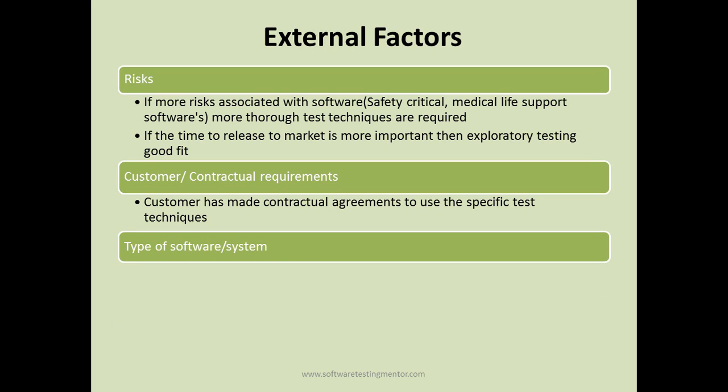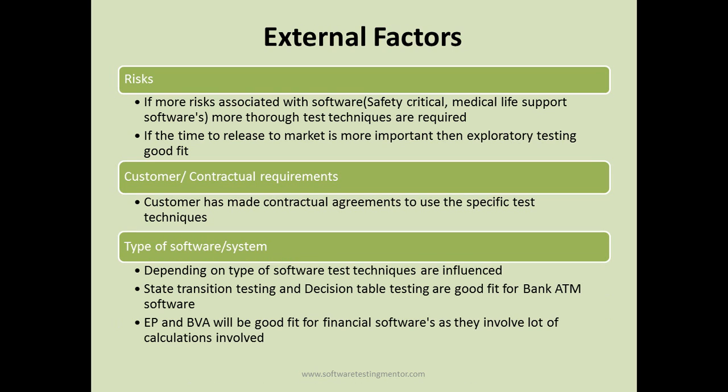Then, based on the type of software or system, test techniques are influenced. State transition testing and decision table testing are a good fit for bank ATM software. If you have ever had a chance to test bank ATM software, decision table or state transition testing will be a good fit.